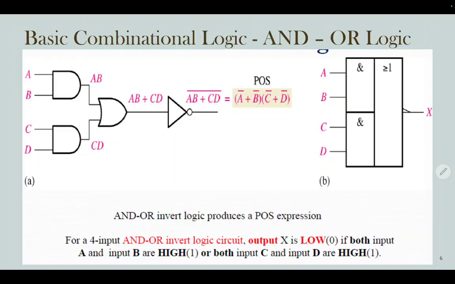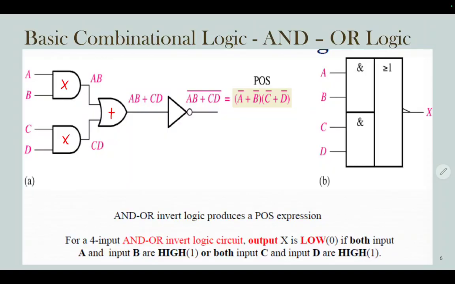Next is another example for basic combinational logic and OR logic gate with the symbol. So here you got 2 AND gates performing the operation of multiply, and this one OR gate, plus operation, and then there is an inverter over there. So you got AB plus CD, and then invert the answer. You got AB plus CD bar.